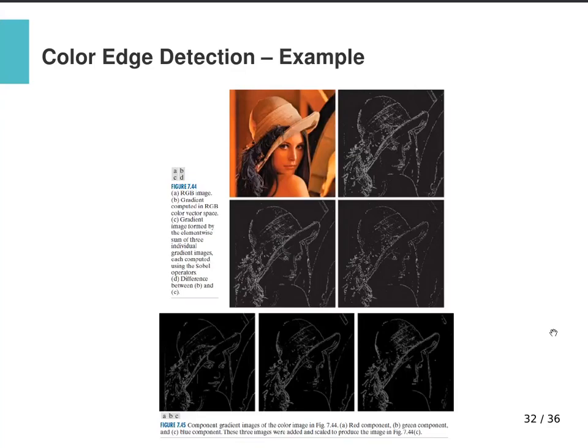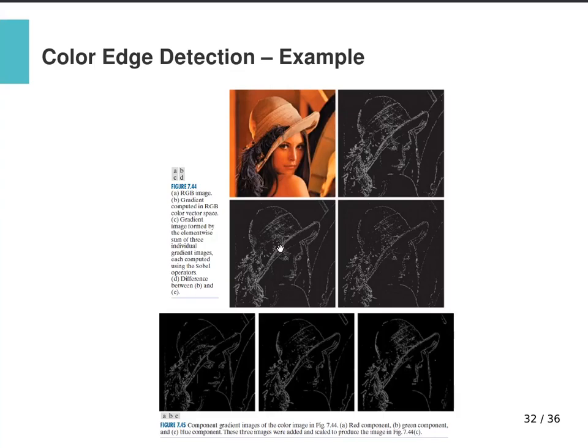Now let's take a look at one example. On top left you see the original red, green, blue or RGB image. On top right you see the gradient that is computed in the RGB color vector space using the equation that I just described.